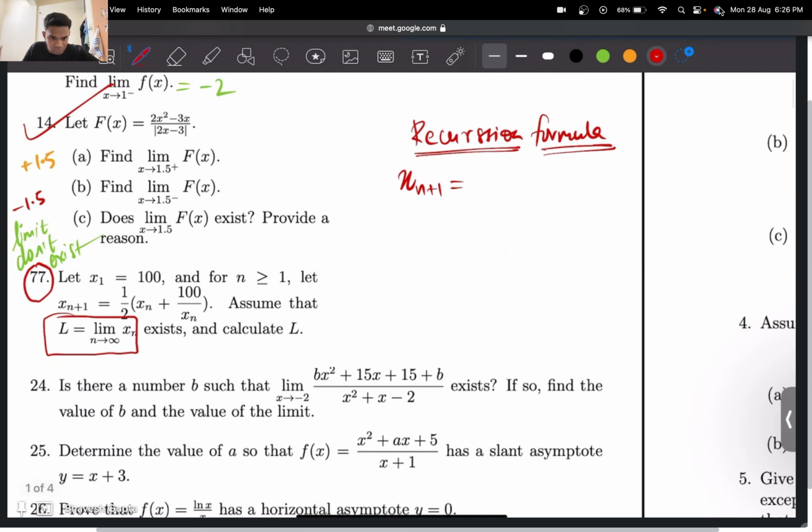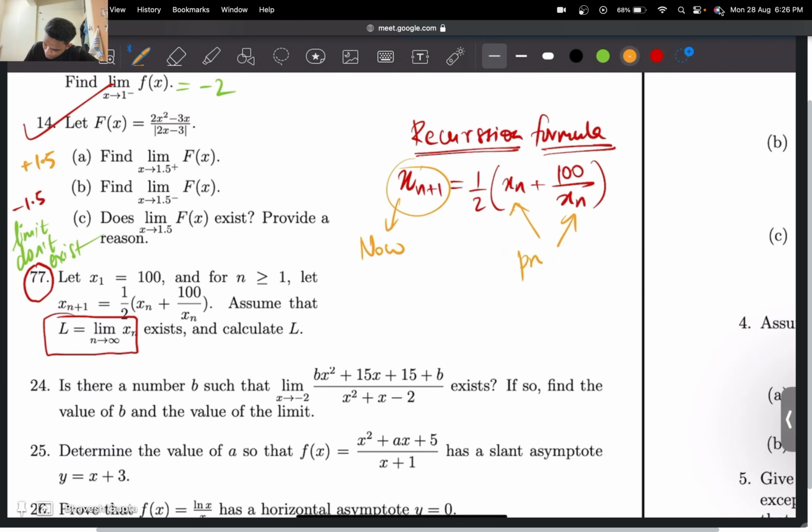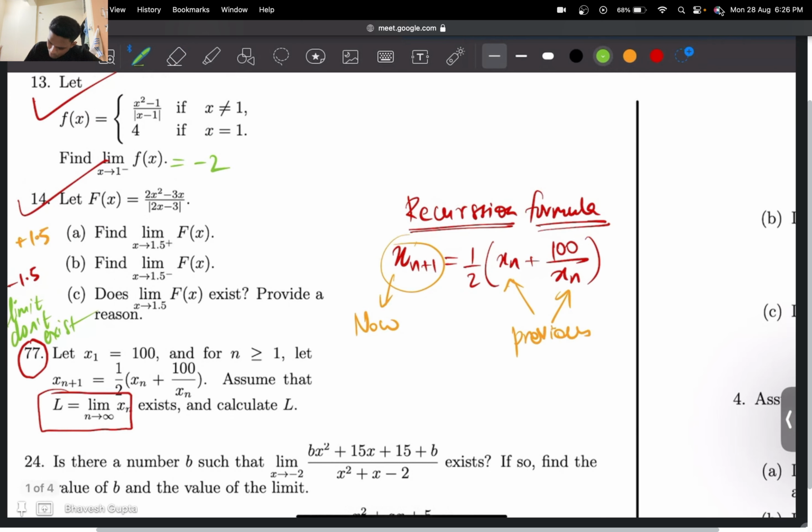So this recursion formula basically tells you that, let's say you have this now, and here you can see previous. So basically this is how you can write it down. And what you have here is nothing more than a sequence.